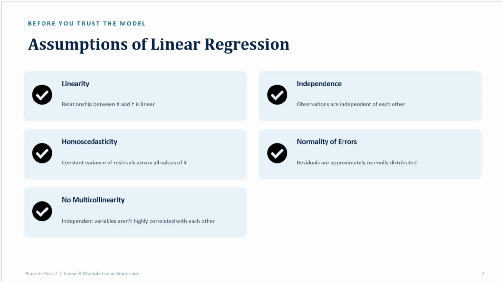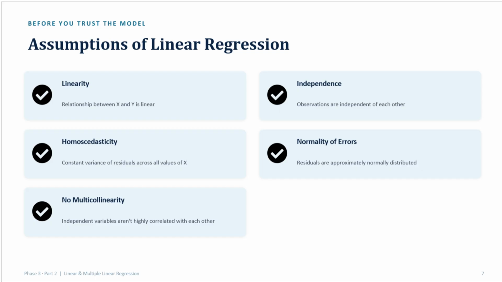Before using linear regression, we need to make sure that some important assumptions are reasonably satisfied. First is linearity, meaning the relationship between the features and the target should be approximately linear. Second is independence, where observations should not depend on each other. Third is homoscedasticity, which means the variance of the errors should remain roughly constant.